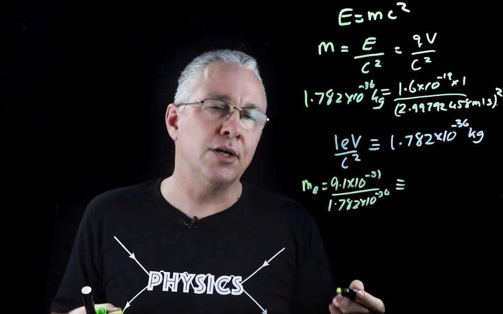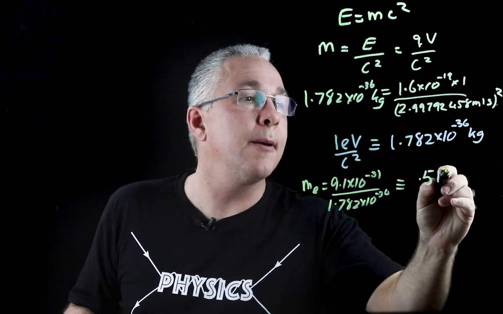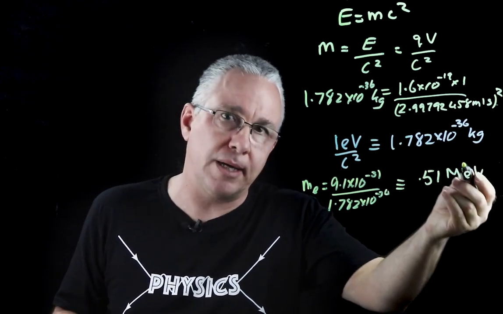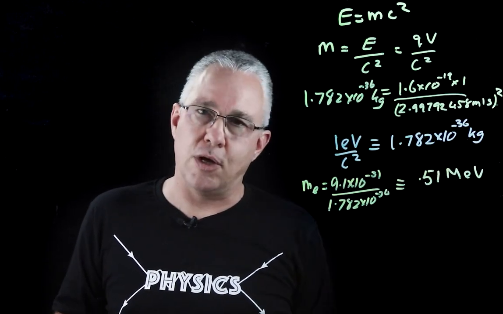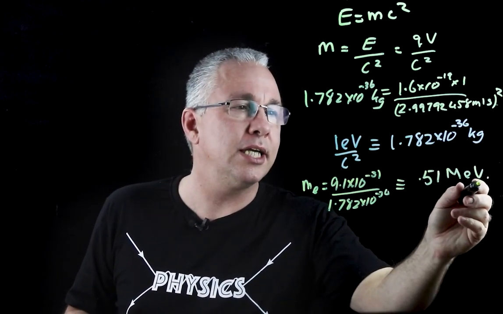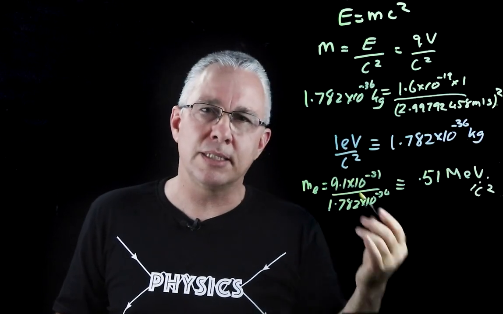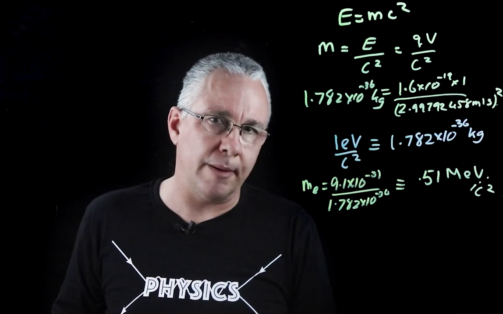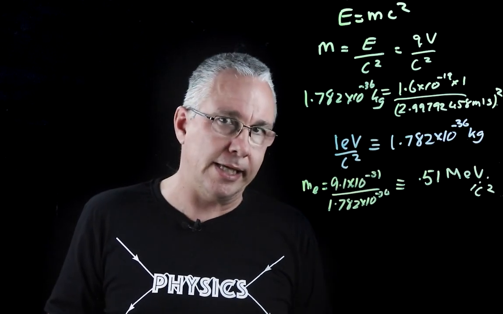Now what's that value? I'm going to get 0.51 mega electron volts. Or in other words, 0.51 times 10 to the power of 6 electron volts. Remember, this is actually over c squared, but sometimes it's just not mentioned because it's assumed knowledge that when you're talking about the mass, that's already there.